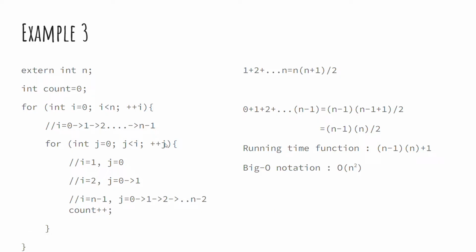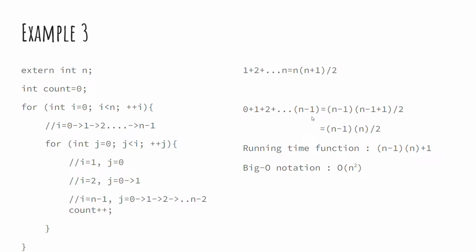And so the way we find the running time function in this case is by using this formula right here, which says that the sum of the first n natural numbers is equal to n times n plus 1 over 2. So in our case, it's 0 plus 1 plus 2 all the way up to n minus 1.